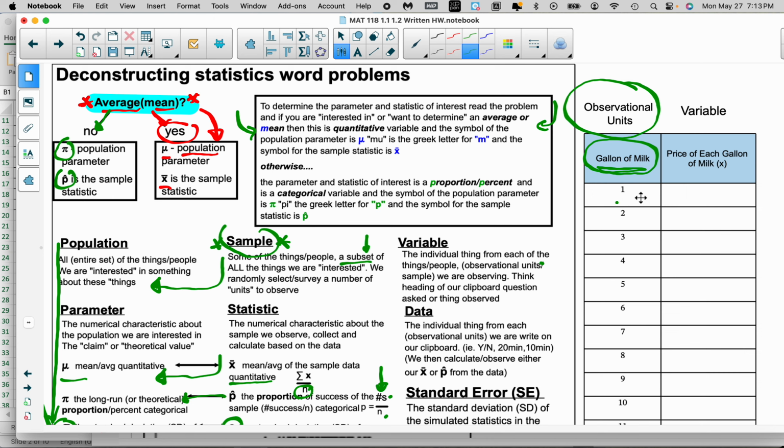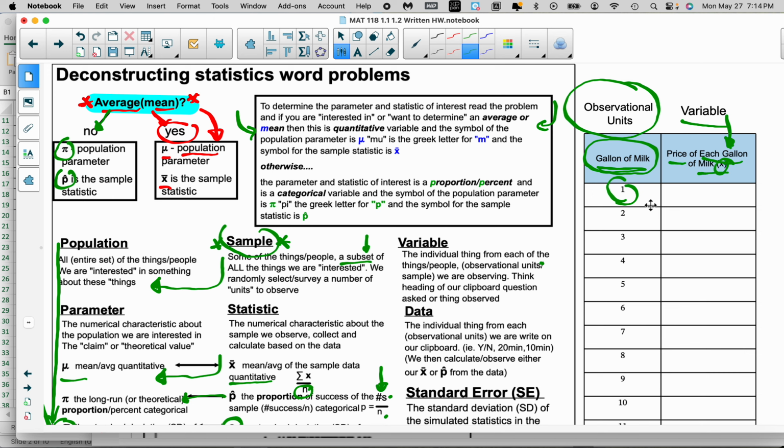So we would say, okay, we go to one gas station, we look at 1 gallon of milk, and then our variable would be, if you think of the heading here, when we look at that gallon of milk, what are we interested in? We're interested in the price of each gallon of milk, which we would call X.